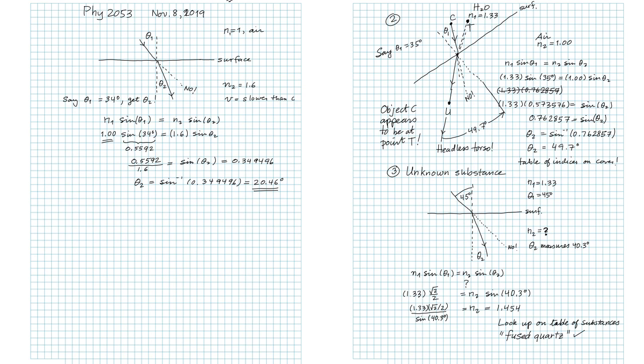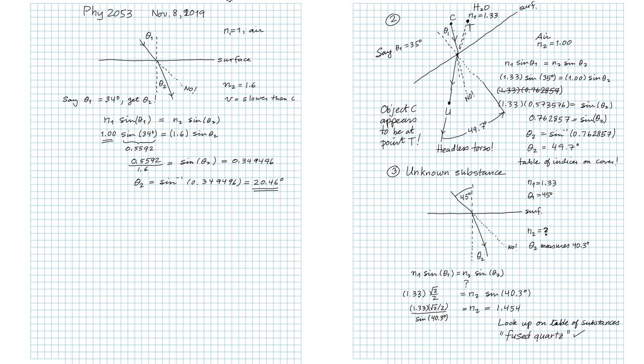Well, let's set up Snell's Law. N1 sine of theta 1 equals N2 times sine of theta 2. Let's plug in what we know. Now we don't know N2. This is my question mark here. So we're going to figure that out. We've got N1, that's 1.33 for water.